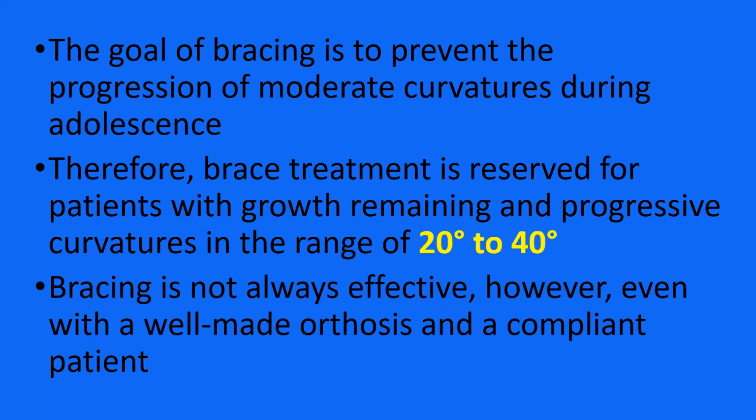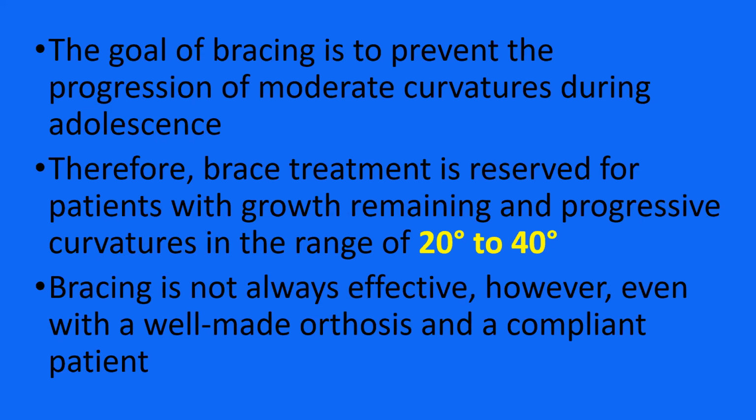So another point is a question they will ask: when to operate. If you have an adolescent idiopathic scoliosis at the completion of growth, and the way we determine completion of growth is the apophysis, how much the apophysis has closed over the iliac crest.